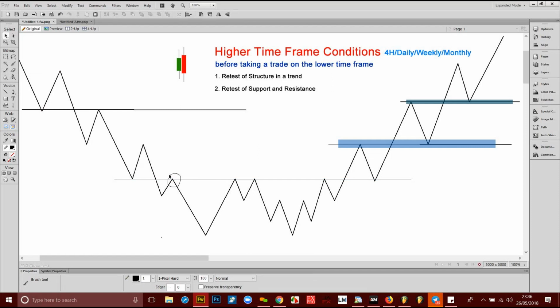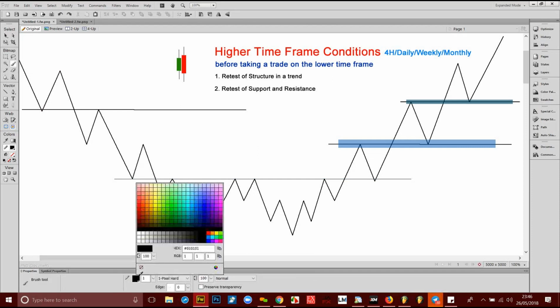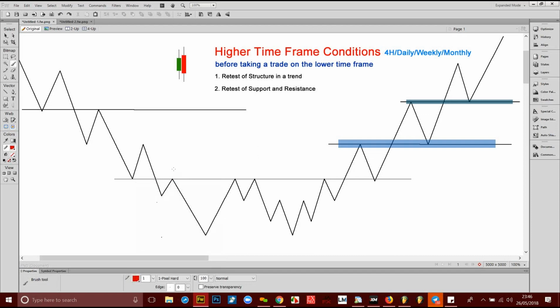Why is it giving me black? Me red. So it tested here. Sorry, this needs to be thick. Had that, and then retested it. Retested the resistance. There's a retest happening here.